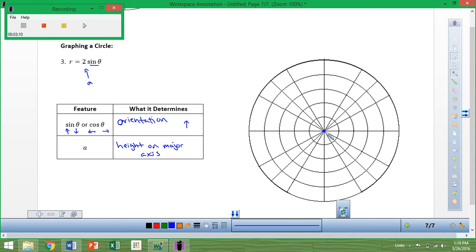We're always going to start there. And then since a is 2, I'm just going to go up 2 to the second ring here and put a point there, and I'm just going to have a circle that goes between those 2 points. So when I graph this, I'm just going to go to the middle of those 2.